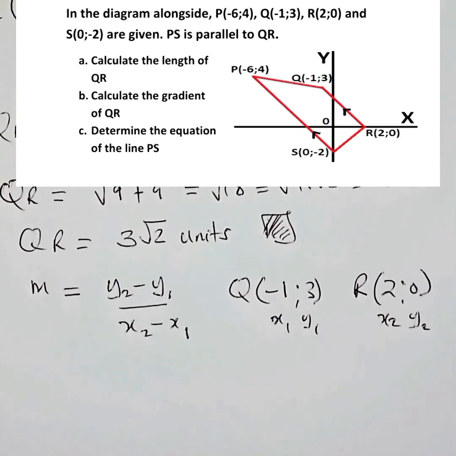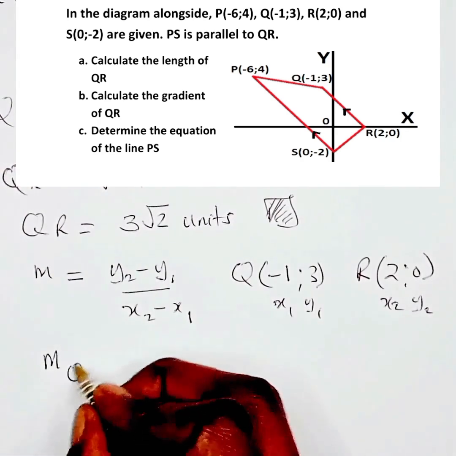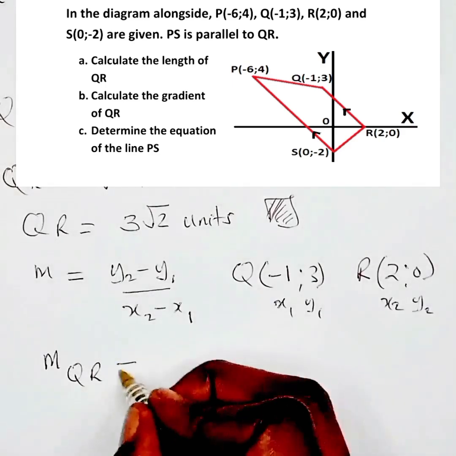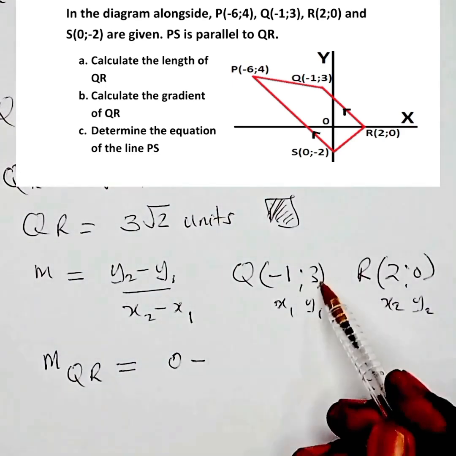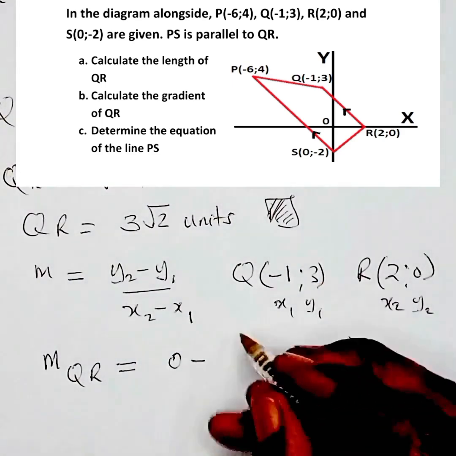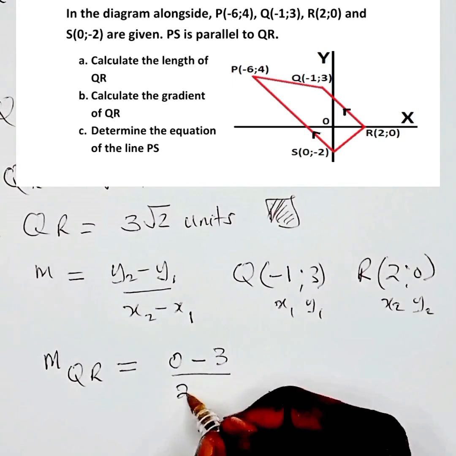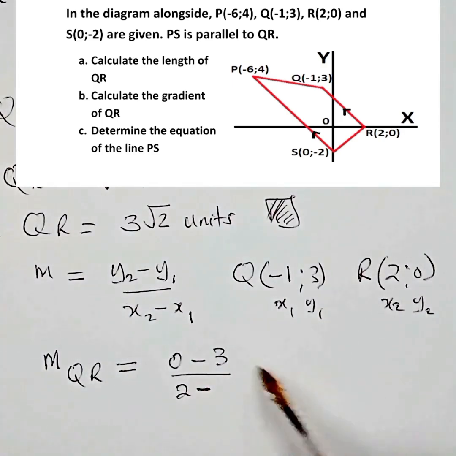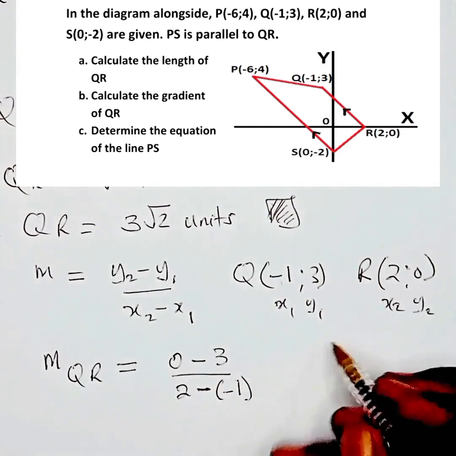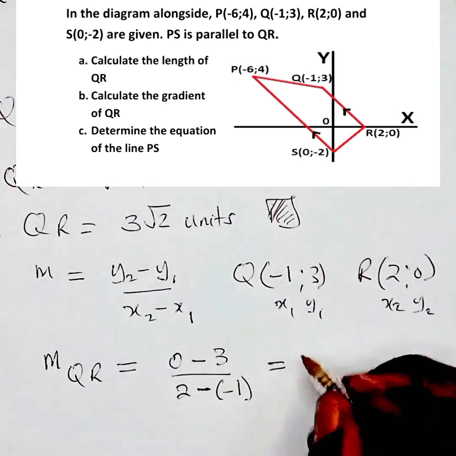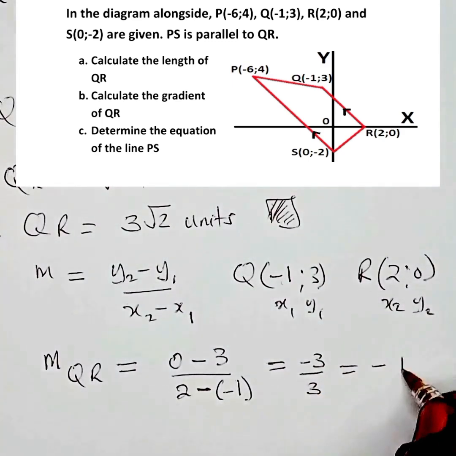That gradient has to have a name, so we are going to call it MQR. MQR is equal to y2, which is 0, minus y1, that is 3, so 0 minus 3, over x2, which is 2, minus x1, so that's 2 minus minus 1. That gives us minus 3 over 3, which is equal to minus 1.